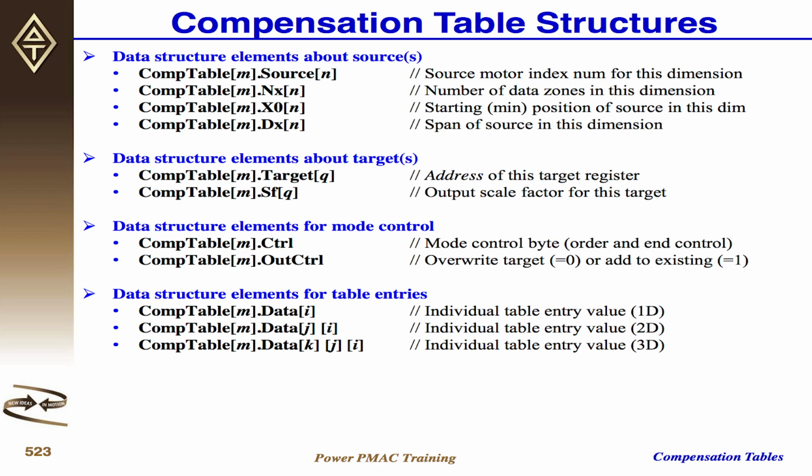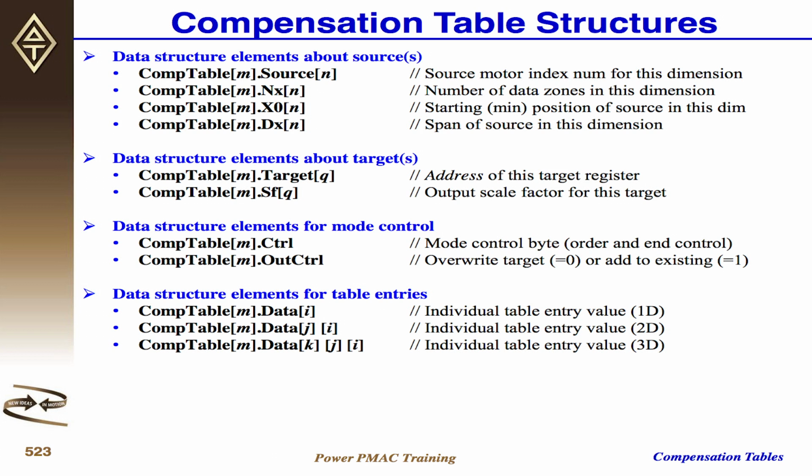For the comp table, there's target, dot target, and it's the address of what the target register is, and then there's an output scale factor for that target register. So you can multiply the entire output by a floating point. Each table has a control and output control mode byte.